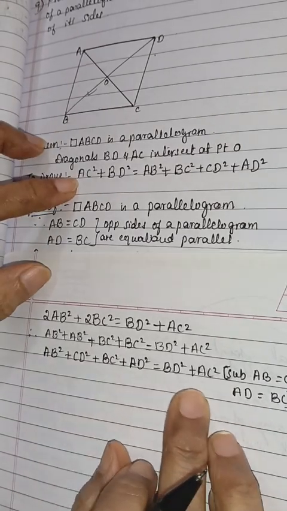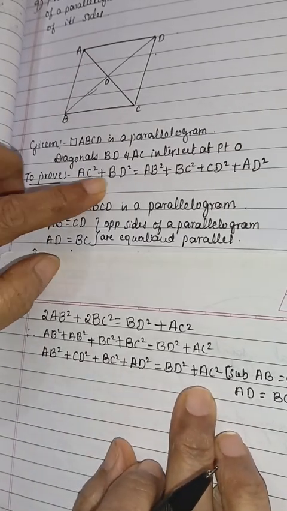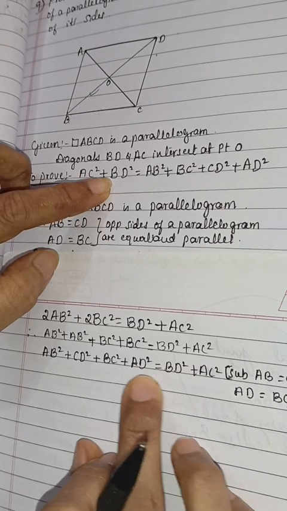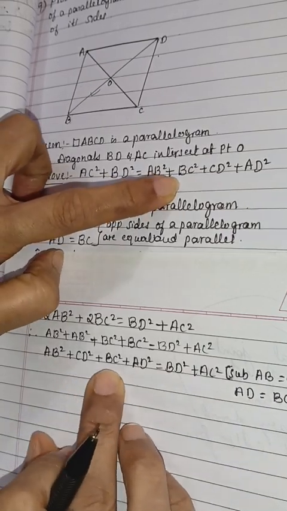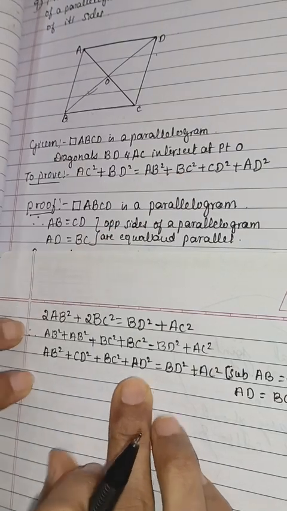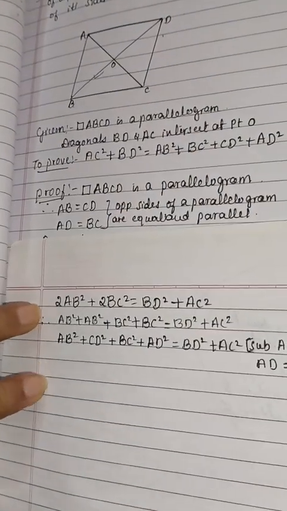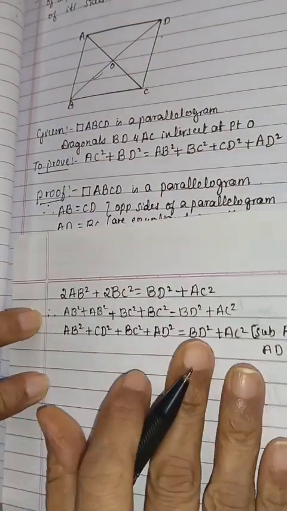See, AC square plus BD square equals AB square plus CD square, that is BC square plus AD square. So rearrange and write whatever you want to prove.